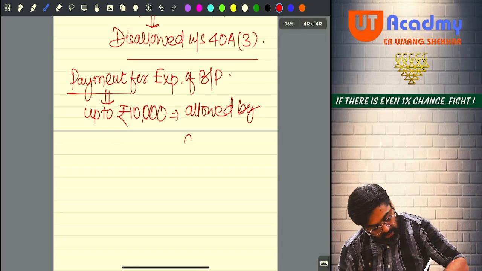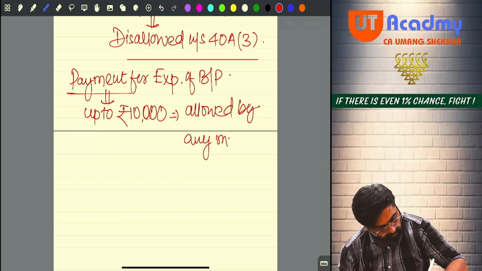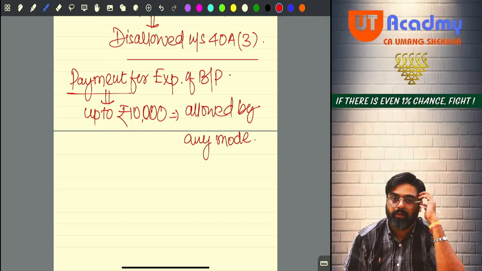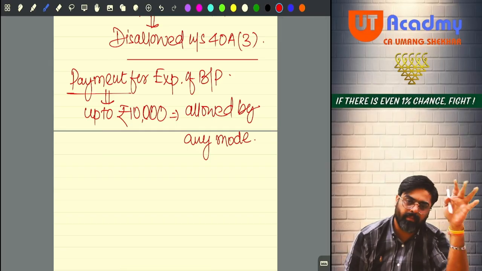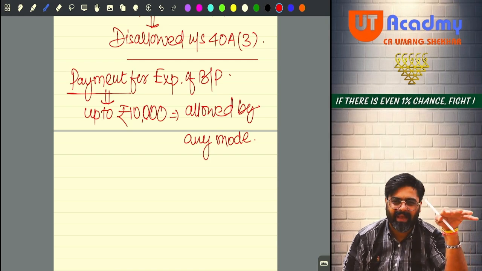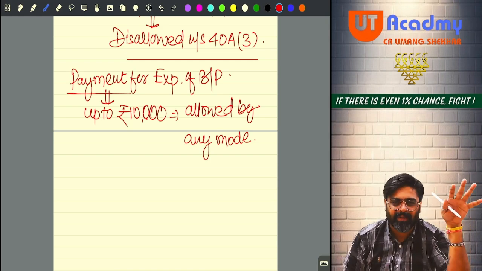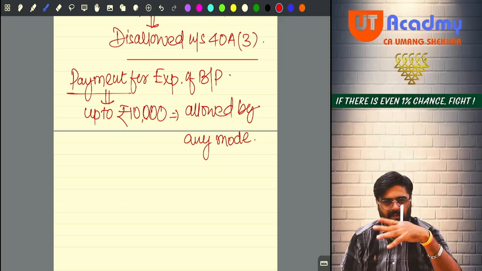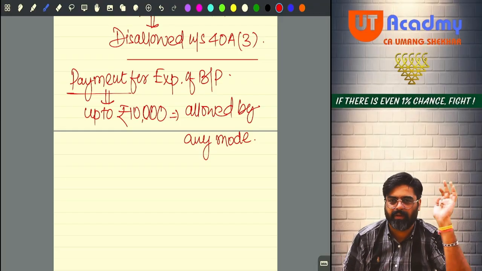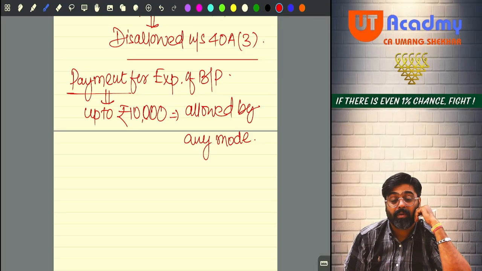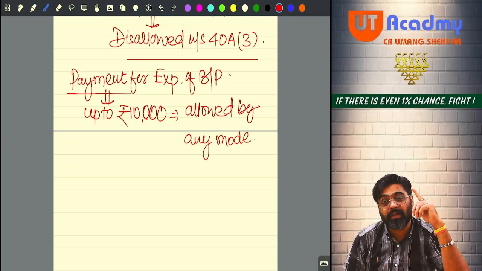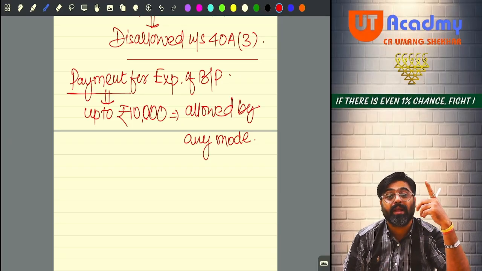So if it is made by any mode, cash, cheque, crossed cheque, account payee cheque, prescribed modes, any mode this payment is made, it will be allowed. Don't worry, no problem. Problem will arise if in a single day the payment made is more than 10,000.